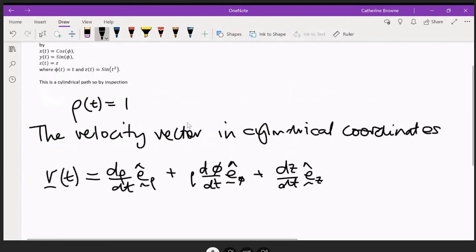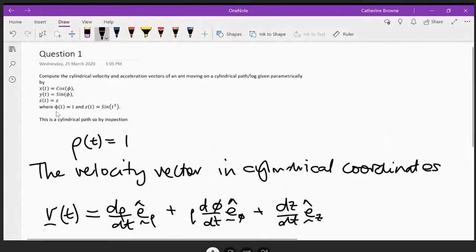So from above, we've got rho of t is equal to 1 here, phi of t is just t, and z of t is equal to sine t squared.